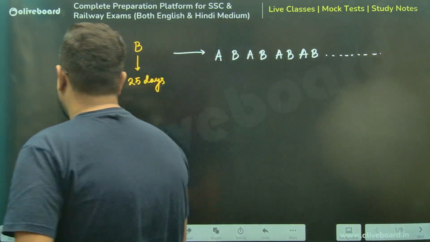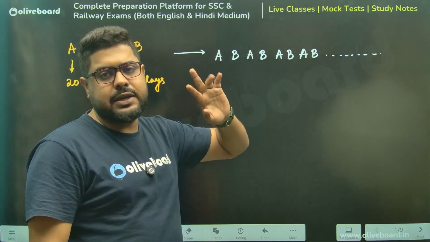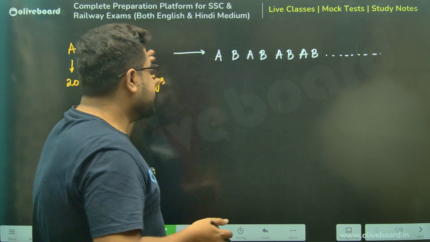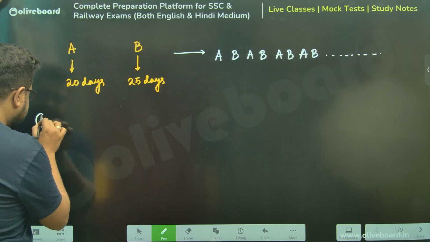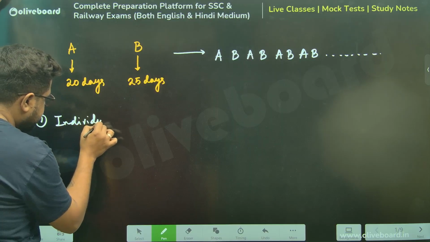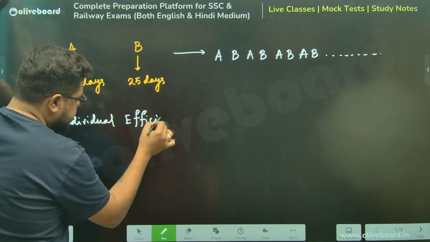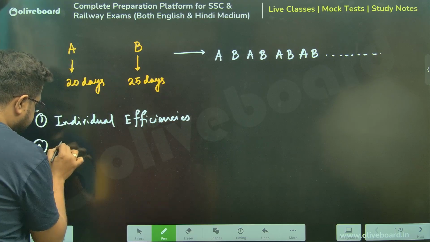Let's understand. Before I can go into this concept, what do I need? Whatever I need for any efficiency based questions, I need two things: their individual efficiencies, and the total work.